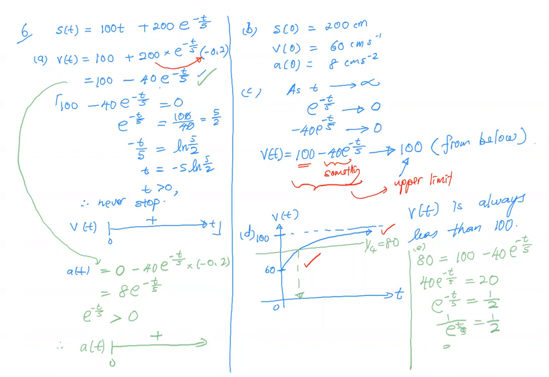Then e to the power of t over 5 equals 2. So t over 5 equals ln 2, so my t will be 5 ln 2. If they ask for exact value, then this should be the exact value. Are you clear? If not, you can just use your GC to help. So this working is for the exact value.